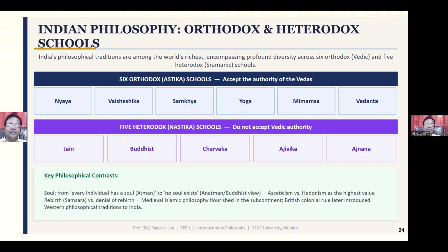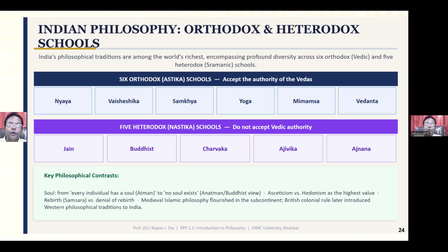The Sankhya school's dualism of Purush, consciousness, and Prakriti, matter, represents one of the most sophisticated early attempts to address the mind-body problem. Yoga adds a practical and psychophysical dimension, not as exercise, but as a philosophical system of liberation.